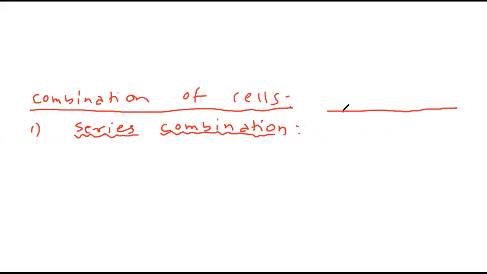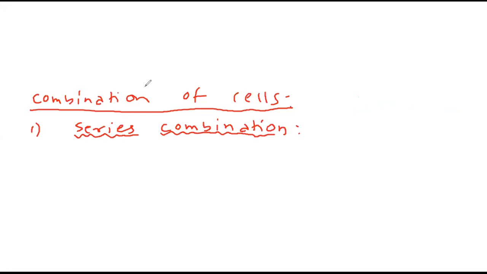It won't get divided, right? So whenever the same current flows through the circuit, it is called series combination. So we want to find the equivalent resistance and equivalent EMF in series combination.